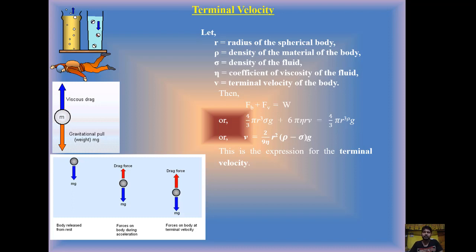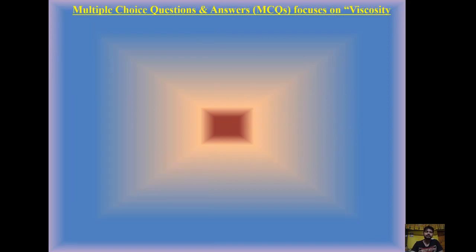So Fb plus Fv equals W, or 4 by 3 pi r cube sigma g plus 6 pi eta r v, which comes from Stokes law, is equal to 4 by 3 pi r cube rho g. Simplifying, v equals 2 by 9 eta into r square into rho minus sigma into g. This is the expression for the terminal velocity.